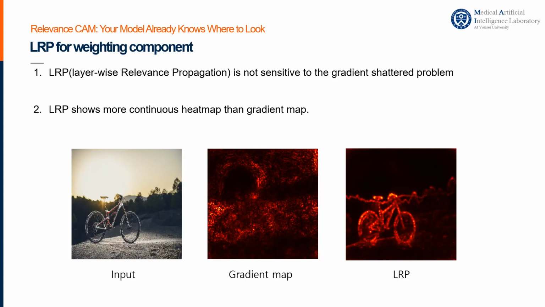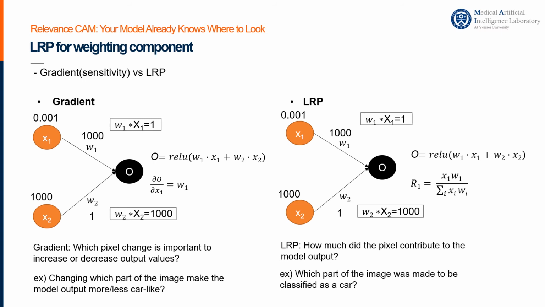In that way, we consider using LRP as the weighting components, because in many studies it is shown that LRP is not sensitive to the shattered gradient problem and LRP shows a more continuous heat map than the gradient map. The meaning of sensitivity of gradient is which pixel change is important to increase or decrease output values.